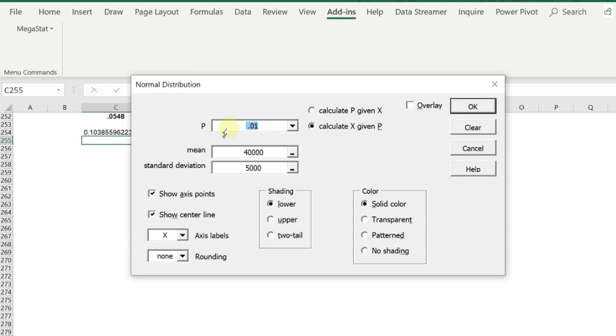Now the probability is 0.2, so 0.2, 20%. The mean and deviation don't change, and make sure you do upper, because the upper 20% are going to get the award of $1,000, right? That's our cutoff point. And we're good. Everything looks okay here, and hit OK.